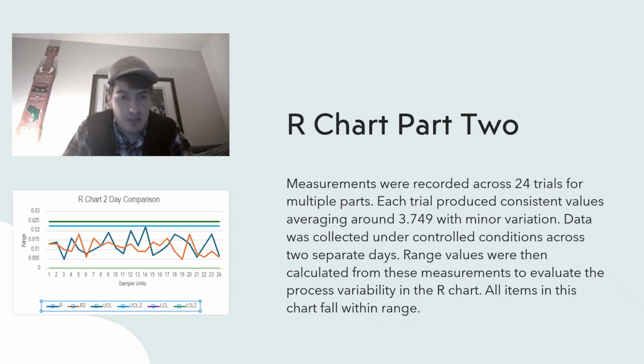So in the bottom we have labeled our range 2, our upper control limit, our lower control limit 2. And then we have going up all the way from 0 to 0.3 above our control line, we see it tops out at 0.03, and that's it for the R chart for part 2.